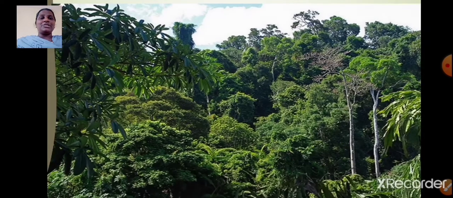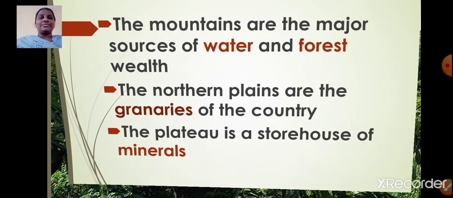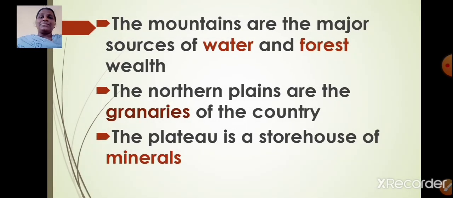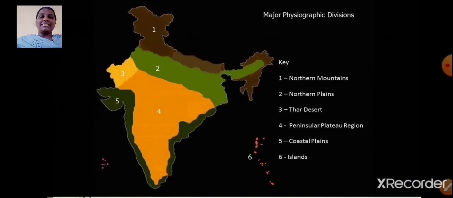Here in this image you can see thick forest cover. So we can conclude that the mountains are the major sources of water and forest wealth. Here the mountains resemble the northern mountains.